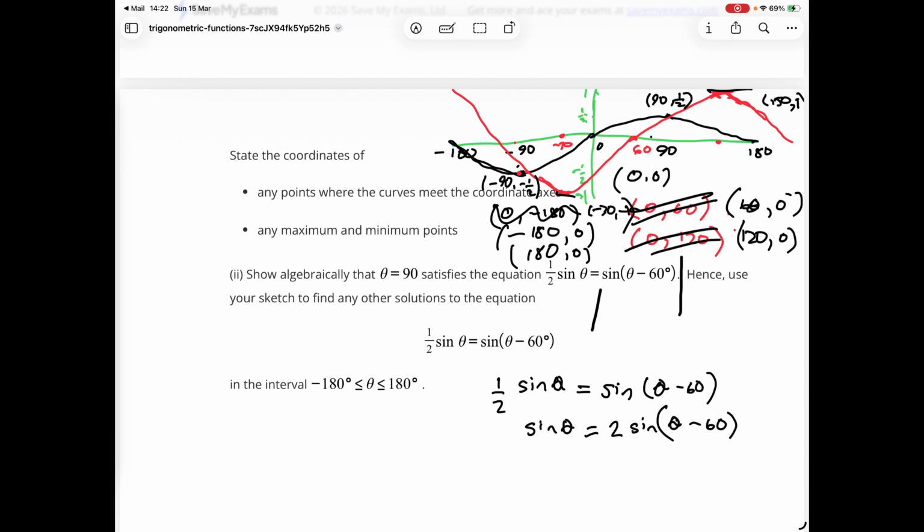I think those are the only things which actually suit it.